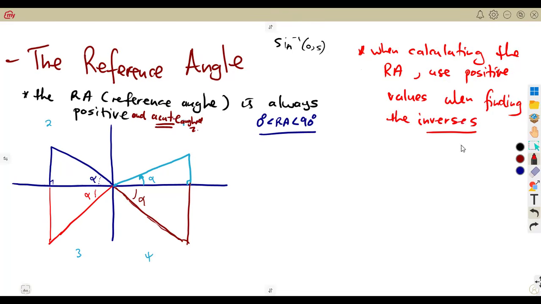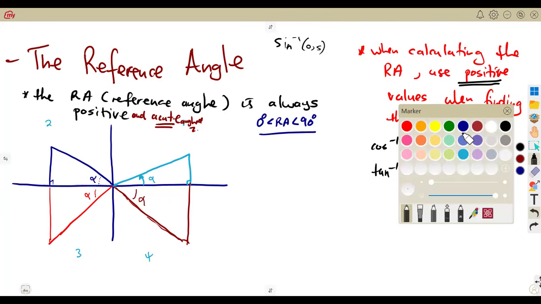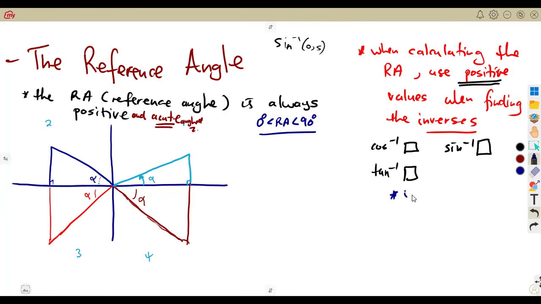The inverses, you're talking of arc cos of a certain number, arctan of a certain number, arcsine of a certain number. In order for you to have a reference angle, you use what? Positive values, meaning to say, ignore the negative.